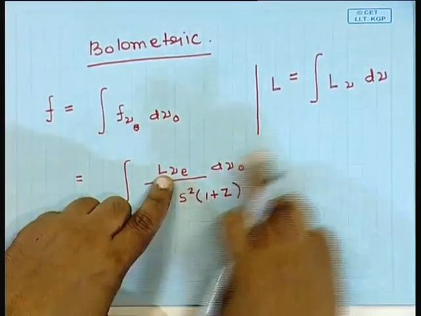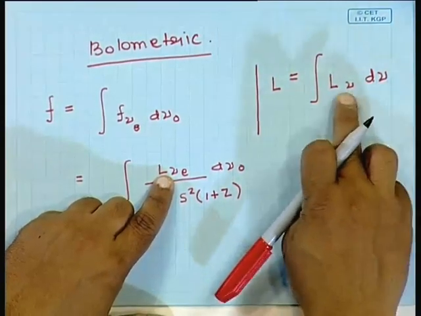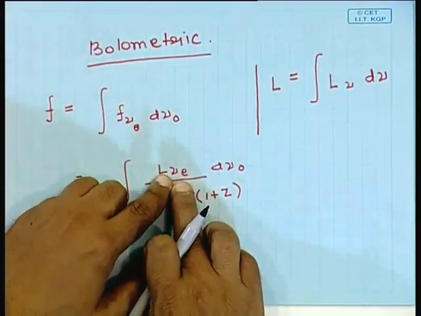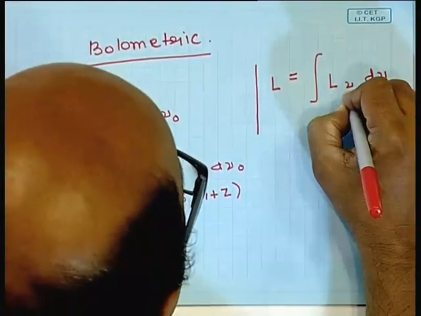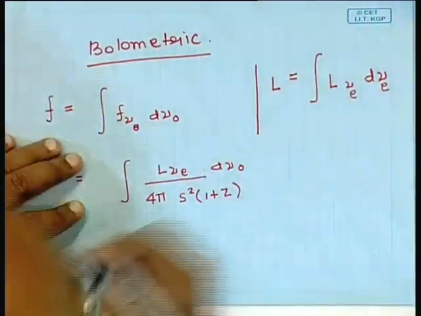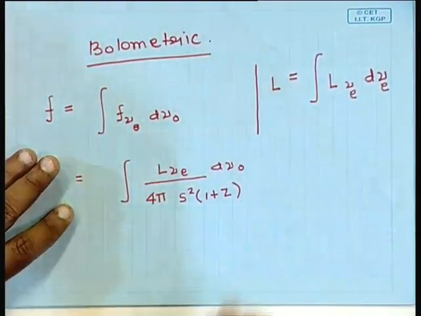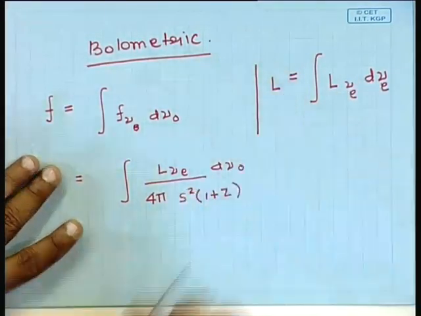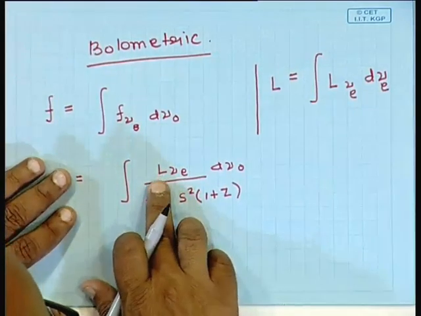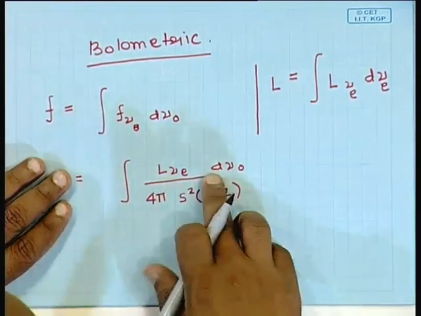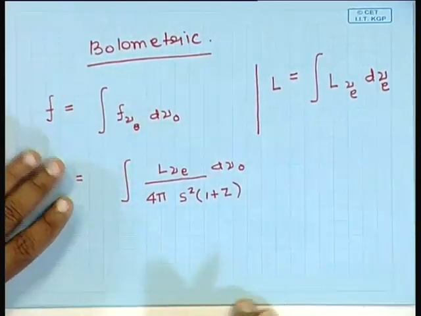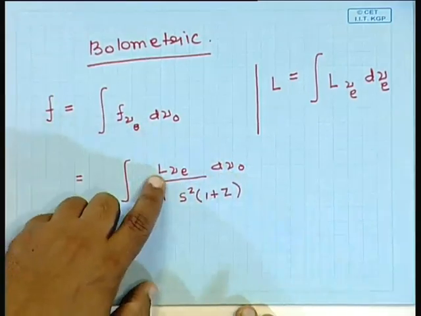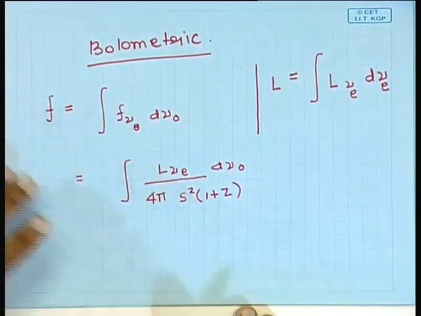When I do this integral, the frequency variable should be the same. So I should write it in terms of the emitted luminosity. So, this gives me the bolometric luminosity. Here I have L as a function of the emitted frequency and I have d nu observed. So, I have to convert this to d nu emitted and then I can replace it with the total bolometric luminosity. That is very straightforward.